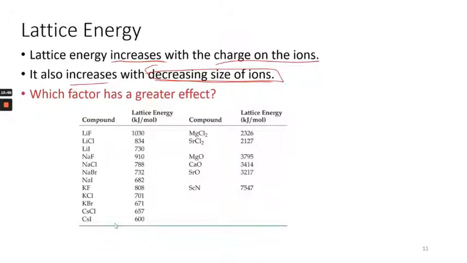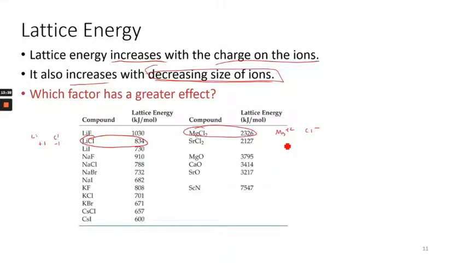And let's compare some compounds where the charge is changing, okay? So here we have lithium chloride, which is +1 and -1. And here we have magnesium chloride. So the chlorine is the same. The only thing that changed is that now we have magnesium, which has a +2. So what do you notice about the lattice energy here?